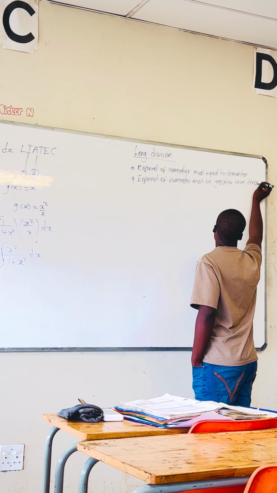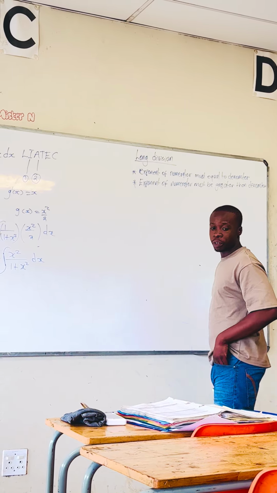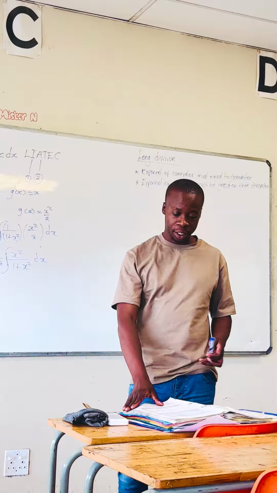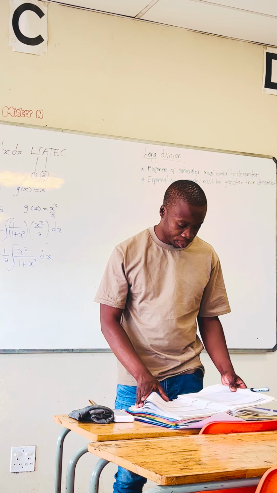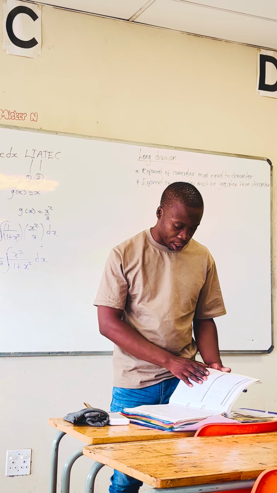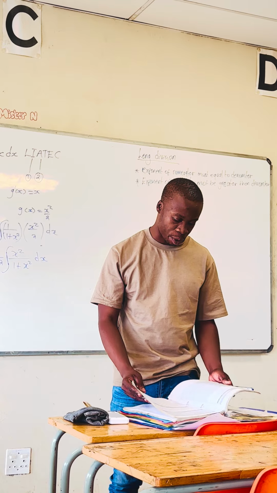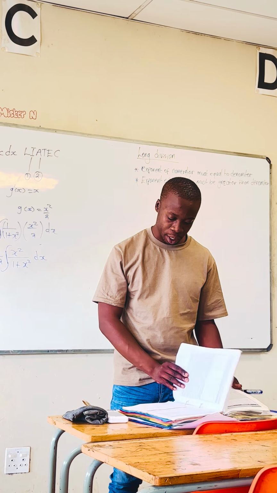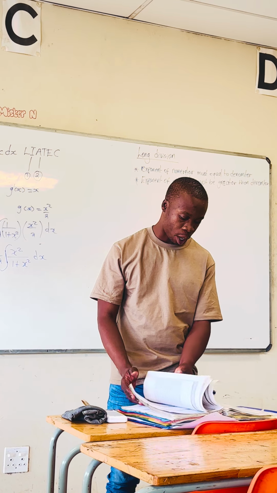So if we have a higher exponent on the numerator, we're still using the long division method. Let's just find a problem. We do it separately, then we're going to continue where we stopped on that integration by parts, just to show you how the long division method will apply.